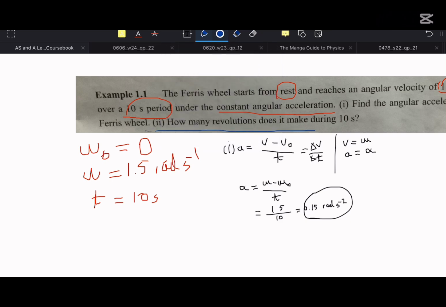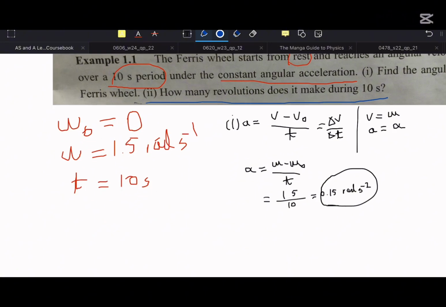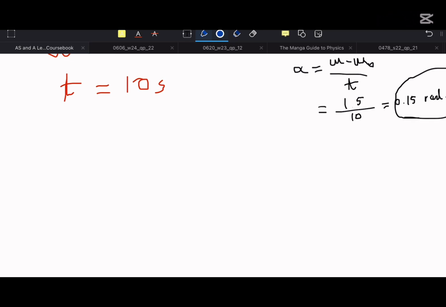How many revolutions does it make in 10 seconds? Okay, so we have to find the displacement, right? To find displacement, the equation I can recall right now, I know there could be an easier equation, but like I said, I'm still very new to this.